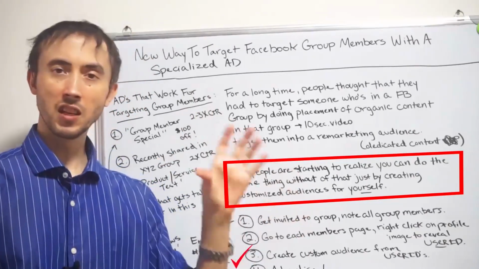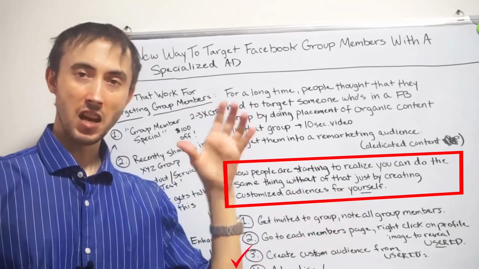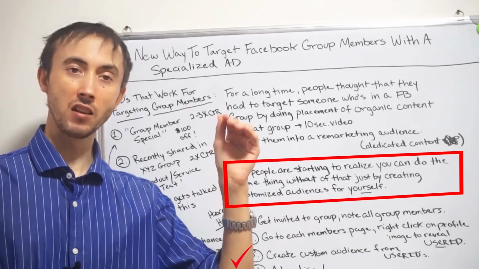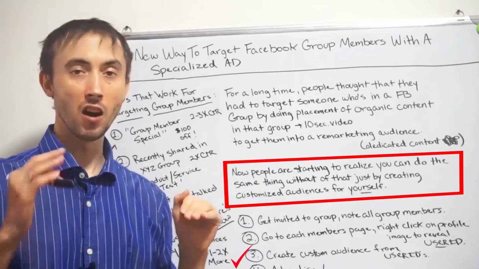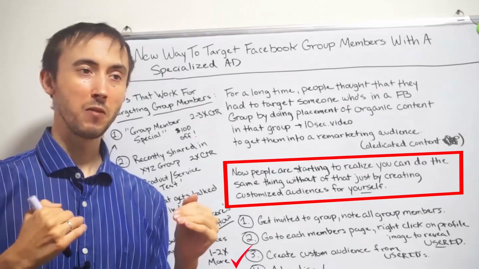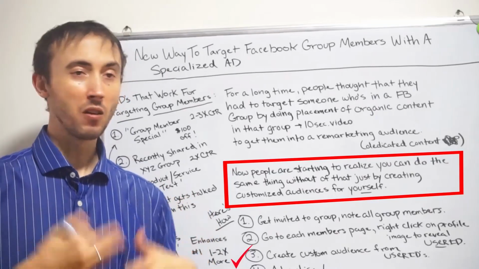Being more relevant is going to get the user's attention easier. You're going to have higher click-through rates, and then our cost per conversion and cost per sale will go down. ROI goes up.